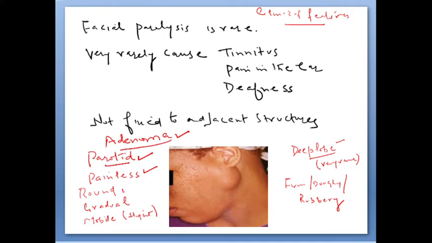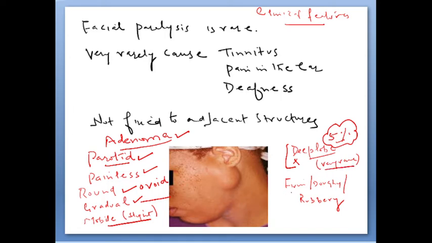It is round or ovoid, and the swelling is very slowly increasing in size. It's a gradual swelling, slightly mobile, and very rare in the deep lobe. Some studies indicate that 5% or less may be seen in the deep lobe, but nevertheless it is very, very rare there.